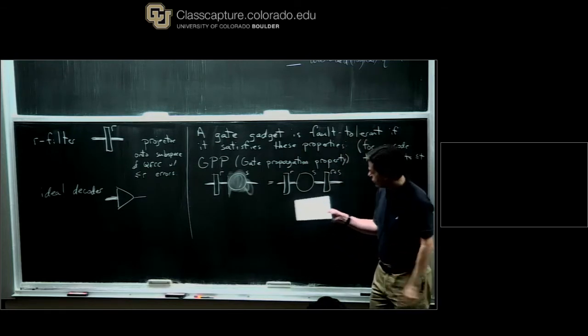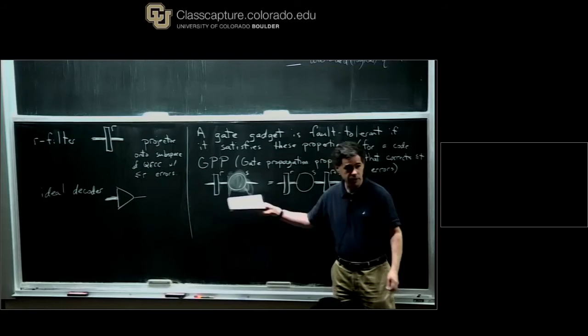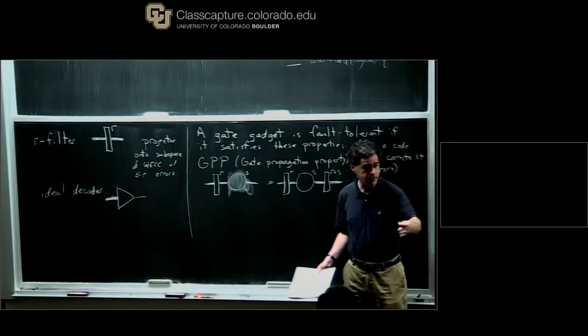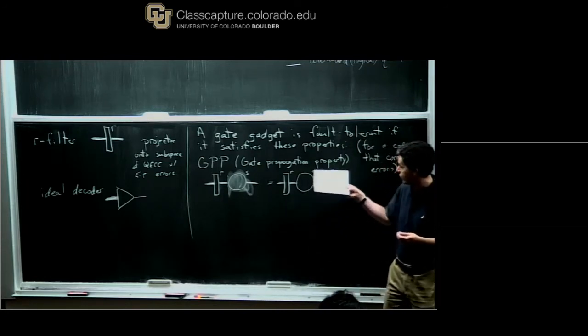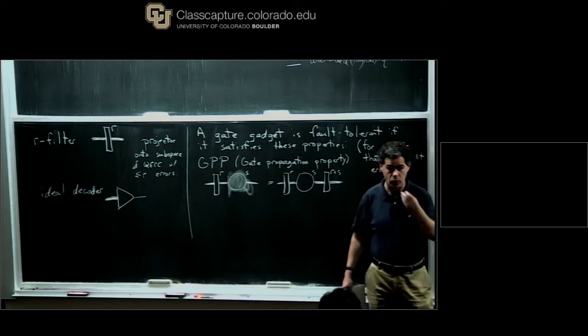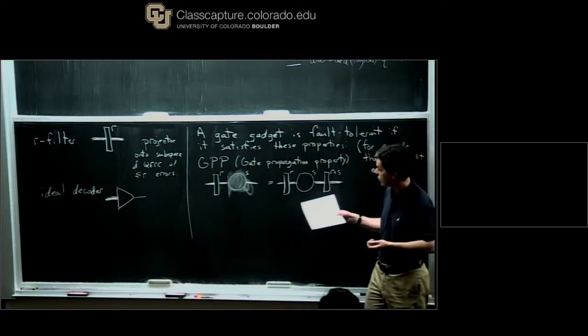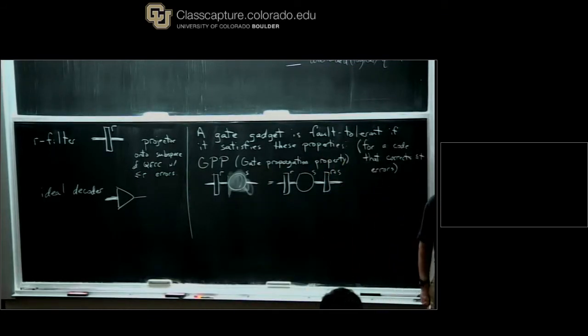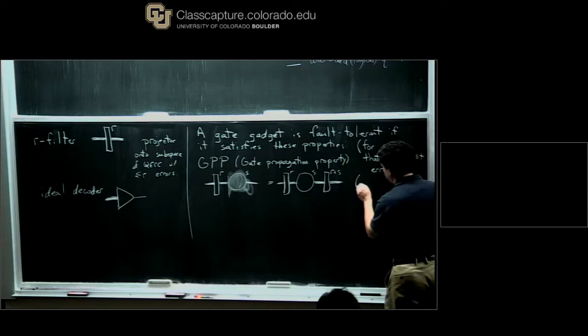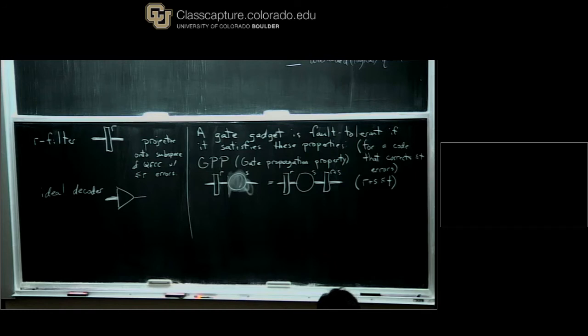So this is saying that this thing here, where we have an R filter and then S gate errors, is equal to itself if you stick on a projector, a filter for R plus S errors. Okay, so that's what I mean by saying that the output state has at most R plus S errors. And this should apply when R plus S is less than or equal to T. Okay? Does that make sense?